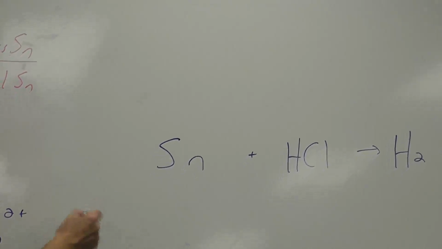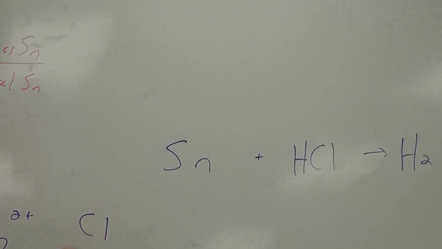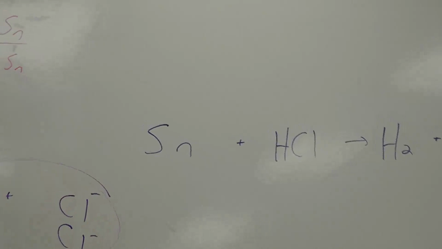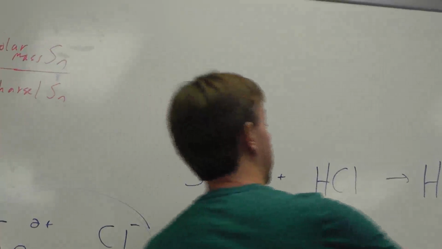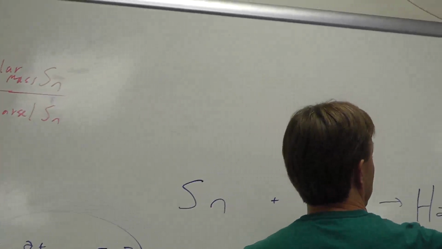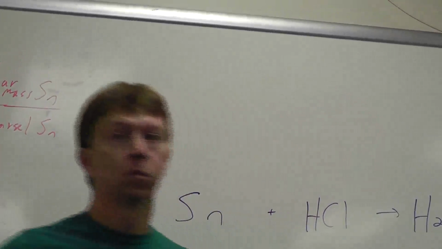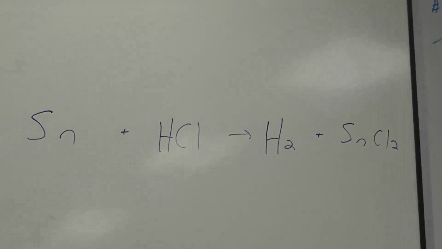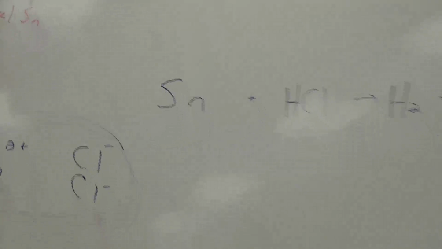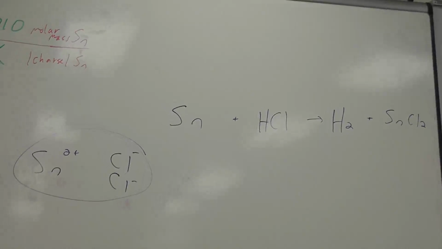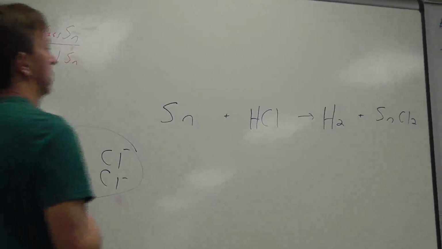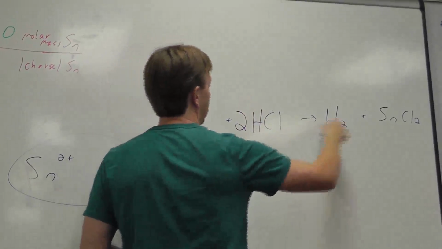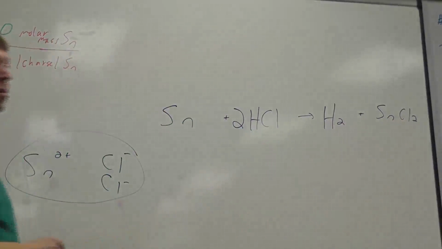According to the periodic table, what's chlorine? -1. So electrically, we're looking at SnCl2 as the product. So that's your unbalanced equation. But that's all of your appropriate formulas. And then to balance it, we need 2 hydrogens over here, so 2 HCl, that gives us 2 chlorines, which fits, and that would be balanced.